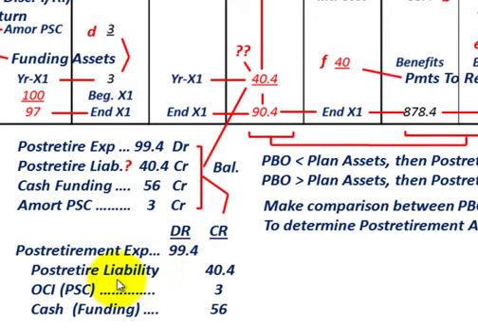Our other comprehensive income for the prior service costs, we would credit for $3,000, and our cash funding, we would credit for $56,000. So our debit of the post-retirement expense balances with the credits to our post-retirement liability, our other comprehensive income for the prior service cost, and our cash funding for funding our plan assets. Okay, so that takes care of it.